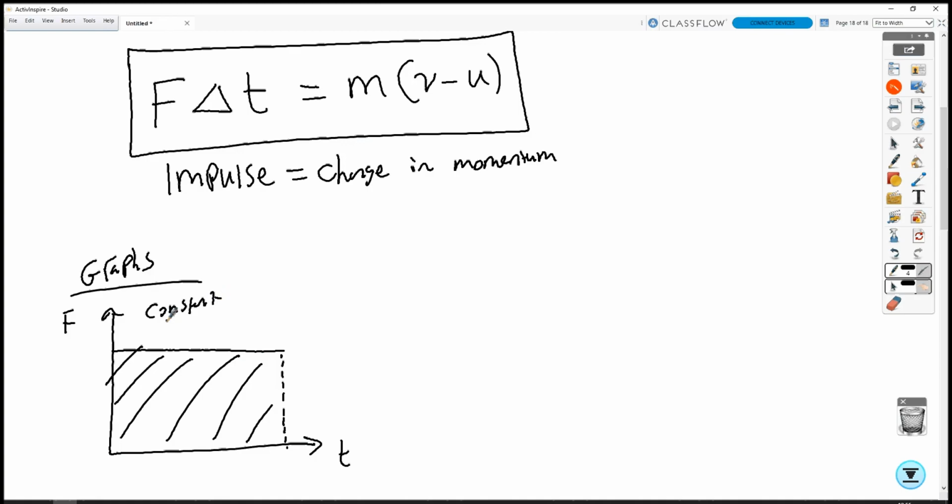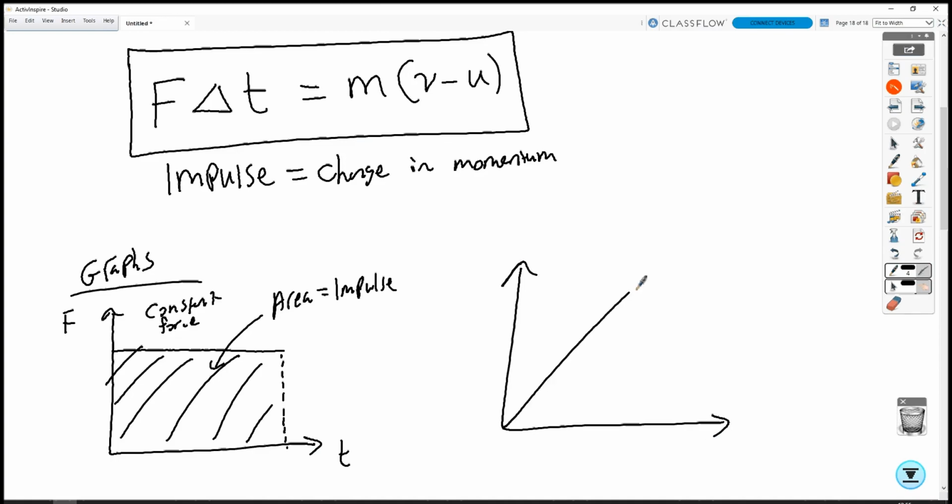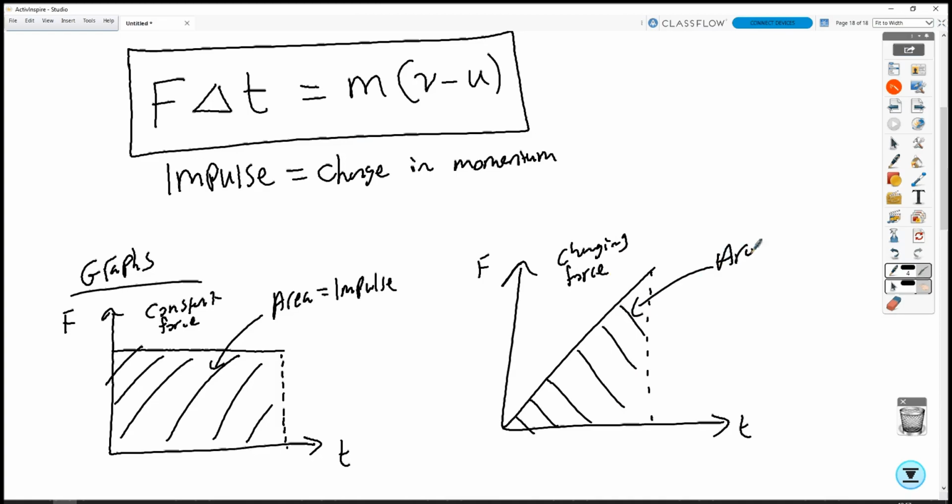So this is constant force, and area equals impulse. Or we could have a changing force applied over some time. And the area, again, represents the impulse.